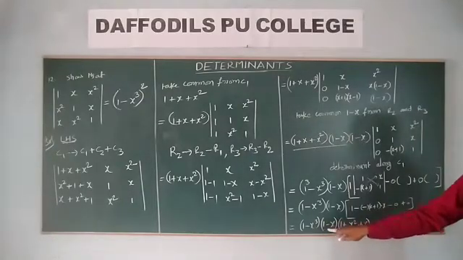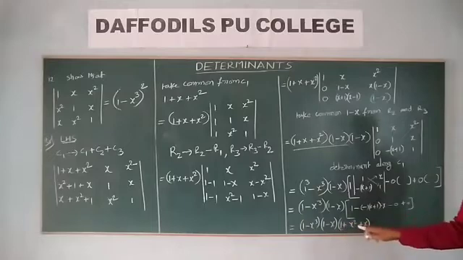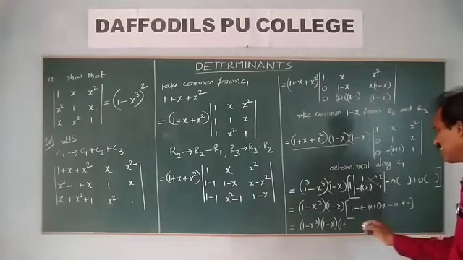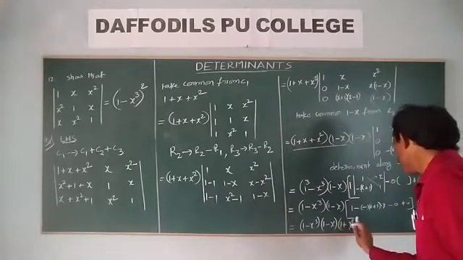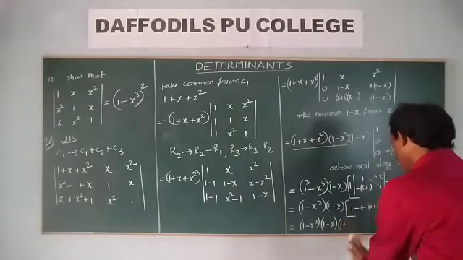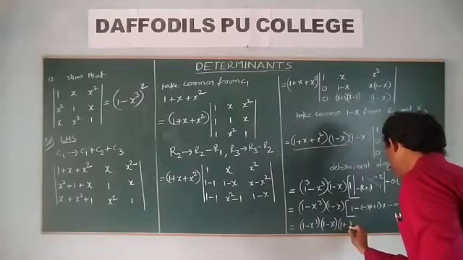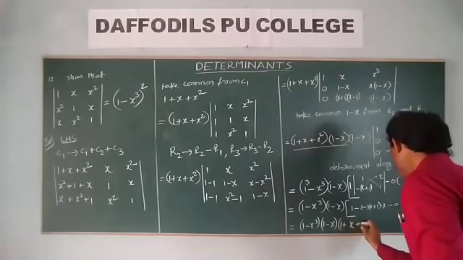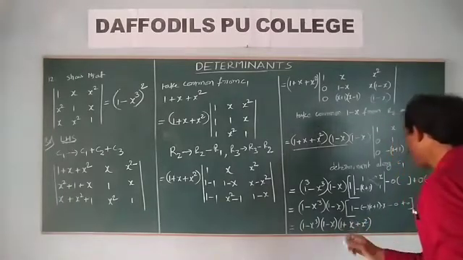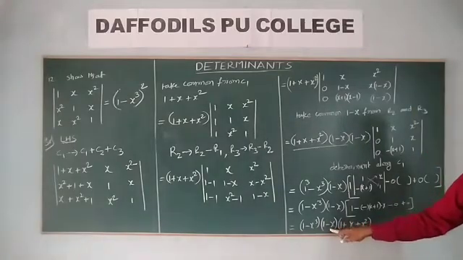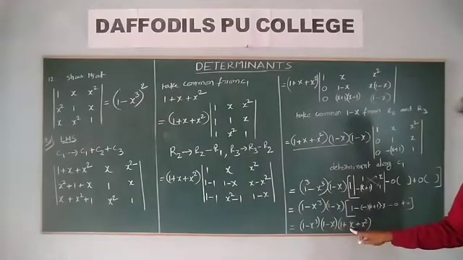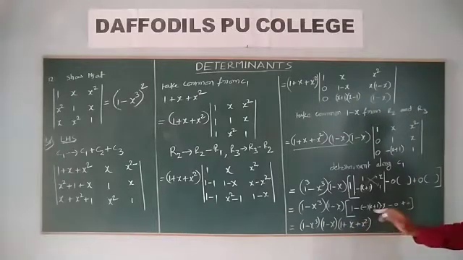Now a minus b, a square plus b square plus ab. Otherwise, write like this: x plus x square, a minus b, a square plus a into b, 1 into x plus b square.